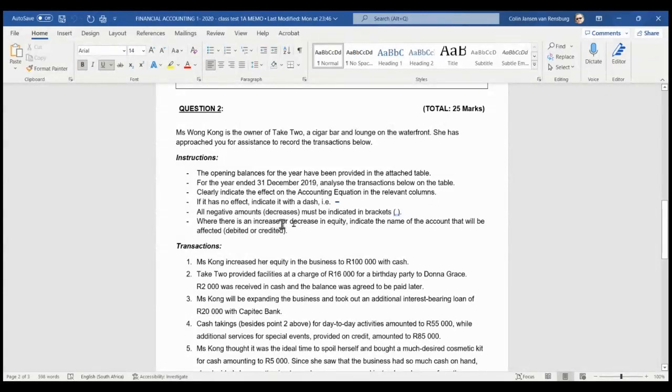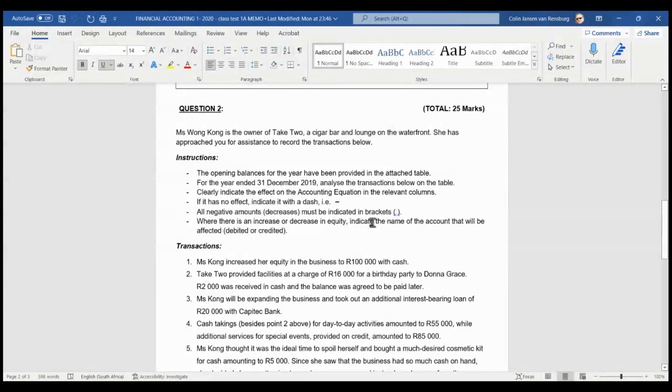Where there's an increase or decrease in equity, this is now the further important step. Where there is either an increase or a decrease in equity, indicate the name of the account that will be affected, either debited or credited. Obviously, if it's income, it's going to be credited. If it's an expense, it's going to be debited.